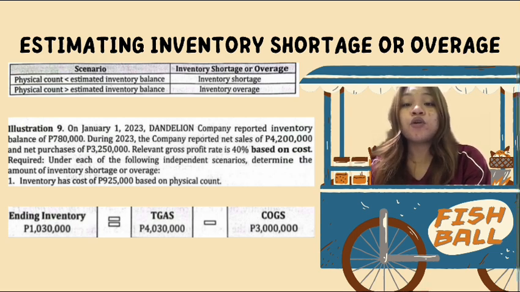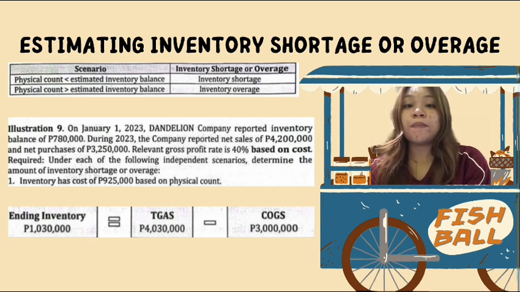After that, we subtract based on the general formula. TGAS, which is 4,030,000, minus the COGS of 3 million, gives an ending inventory of 1,030,000.